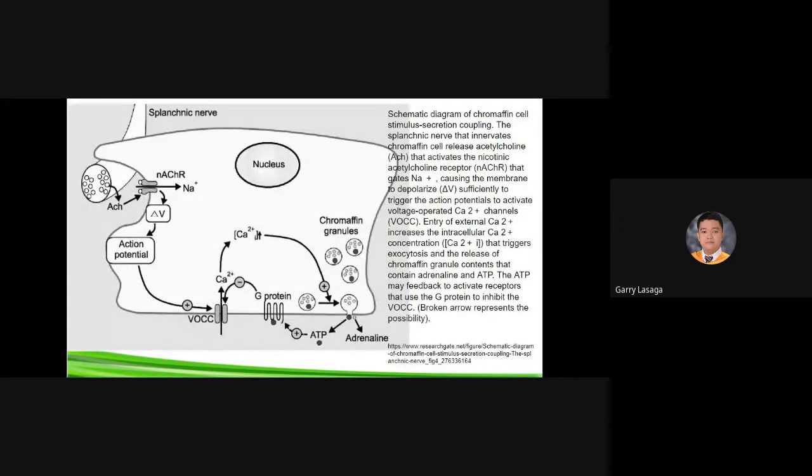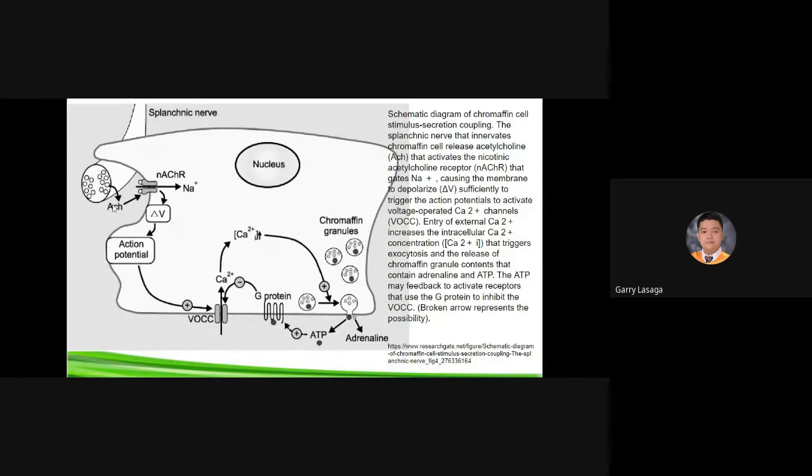So that phenomenon or that event is also known as the stimulus secretion coupling. It is termed as stimulus secretion coupling because for the adrenaline, epinephrine, or the norepinephrine to be released from the chromaffin cell, we need a stimulus first.